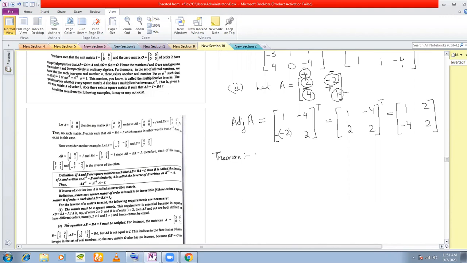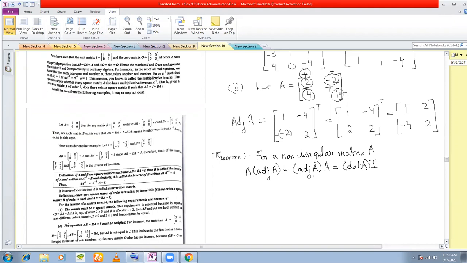So the theorem is, for a non-singular matrix A, A into adjoint of A is equal to adjoint of A into A is equal to determinant of A into the identity matrix.